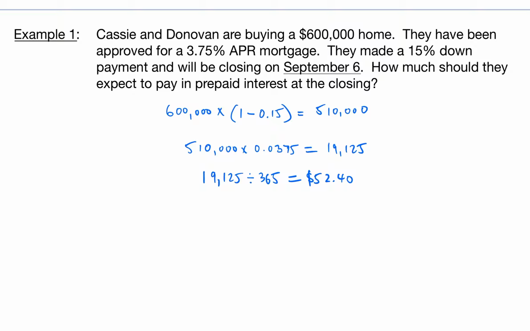So then we would take this 52.40 and multiply it by 24 days, and our prepaid interest is going to work out to $1,257.60. Okay, so that's how much they should expect to pay at closing.